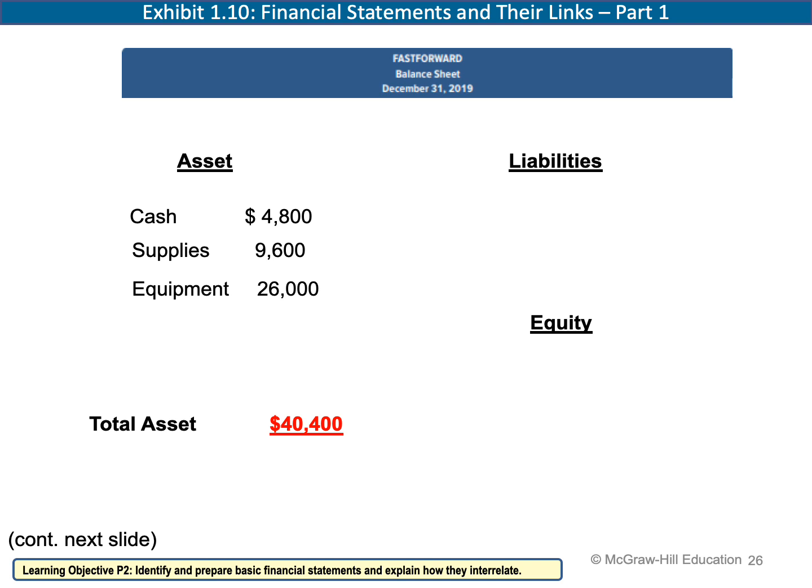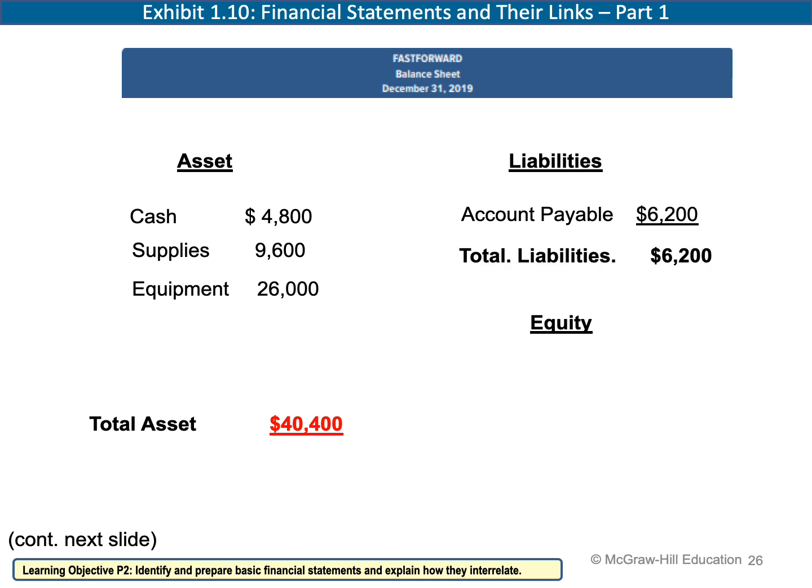If the company has other asset items, you just put all of the assets under the asset section and take the total. How much is the total here? It's 40,400. Then liabilities. The company here has accounts payable. Accounts payable is part of the liabilities. So I'm going to put it under the liabilities and then take the total liabilities.